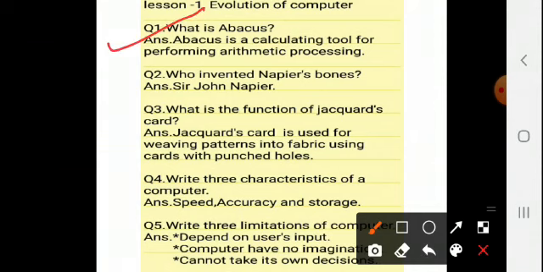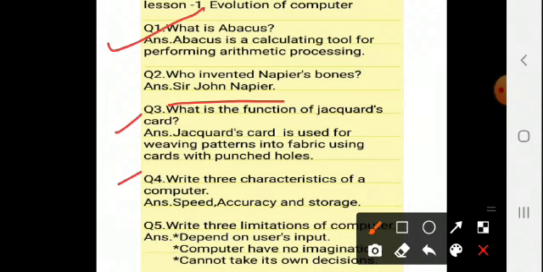Now second one: who invented Napier's bones? Just now we have studied, Sir John Napier. Okay. What is the function of Jacquard's card? Jacquard's card is used for weaving patterns into fabric using cards with punched holes. Understood? Then fourth one: write 3 characteristics of a computer.